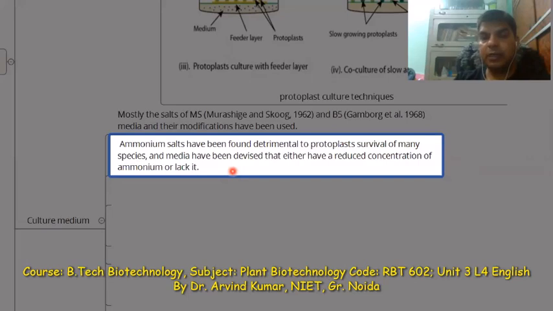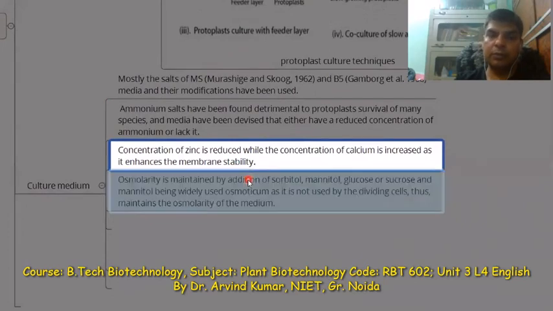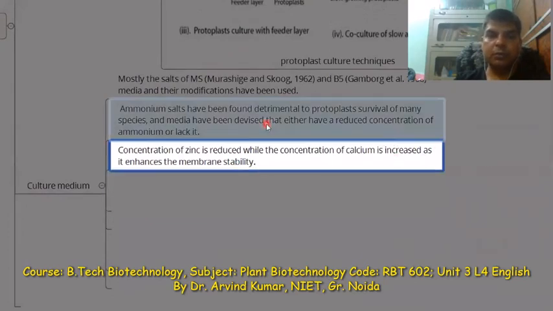So by experiment, scientists have already proven that ammonium salt is detrimental to the growth of these protoplasts. So we need to use a medium where no ammonium salt is there, or it has some alternative sources. Concentration of zinc is reduced while the concentration of calcium is increased as it enhances the membrane stability.